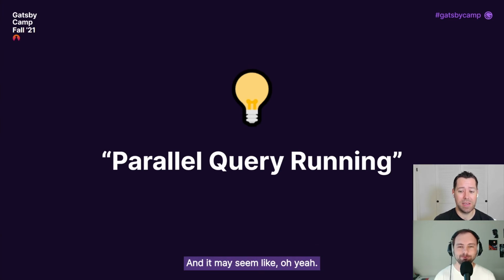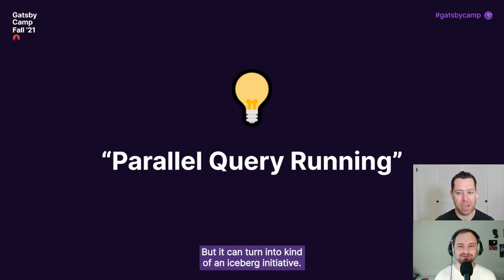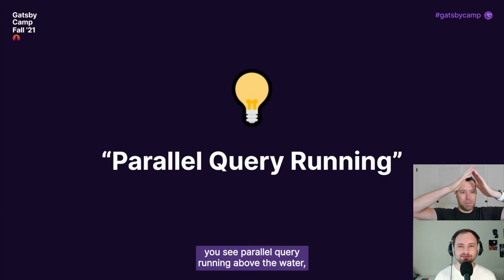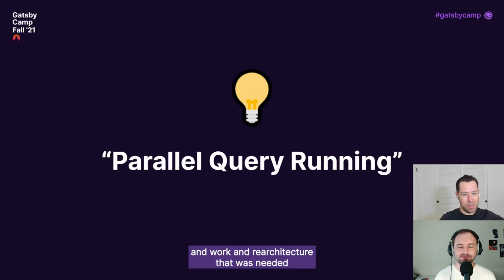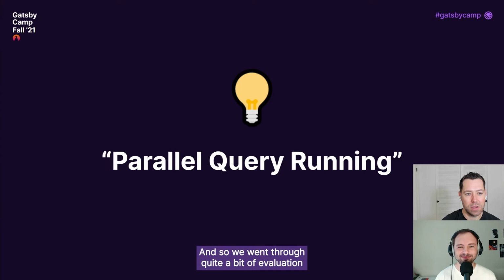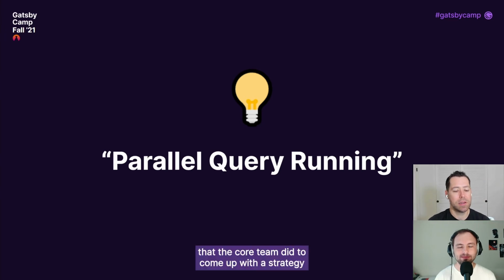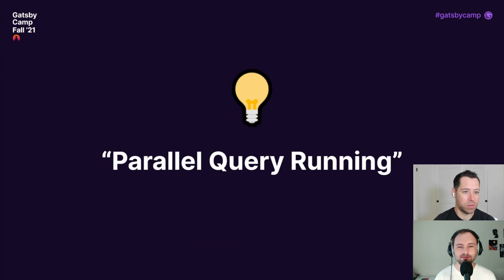And that may seem like just run it in parallel, but it can turn into kind of an iceberg initiative. What I mean by that is you see parallel query running above the water, but below it is all of the thinking and work and re-architecture that was needed in order to enable this for all of the users of Gatsby. The core team went through quite a bit of evaluation to come up with the strategy to enable what we refer to as parallel query running.